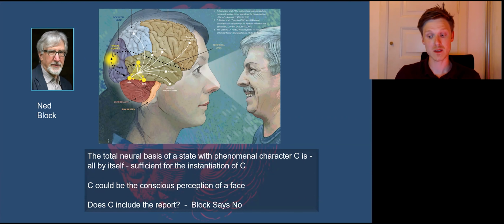For Ned Block, he says no. He says that conscious perception of the face in this module of the brain doesn't require verbal report in order for it to become conscious. Meaning when you perceive a face, you have this phenomenological experience of the face, and then you access it with verbal report and report what you're experiencing.